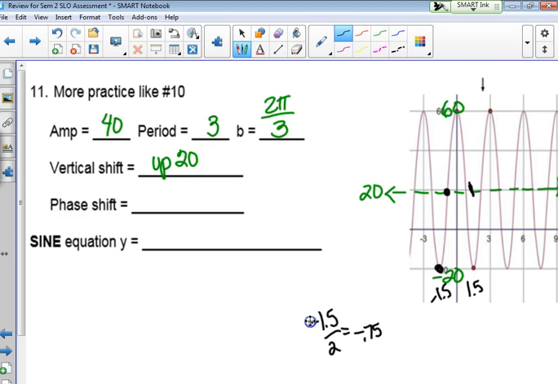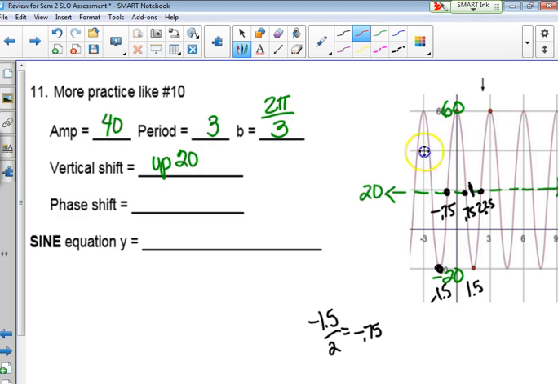Negative 0.75. So this is a negative 0.75 over here. Oops, I wrote that wrong. Or this is a positive 0.75 over here. Or if you added it onto the 1.5, this is actually a 2.25 there, if you wanted to do that one.